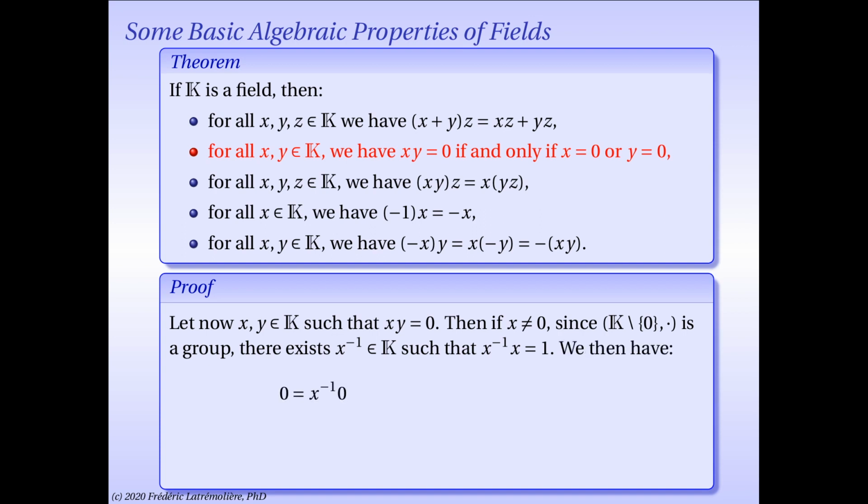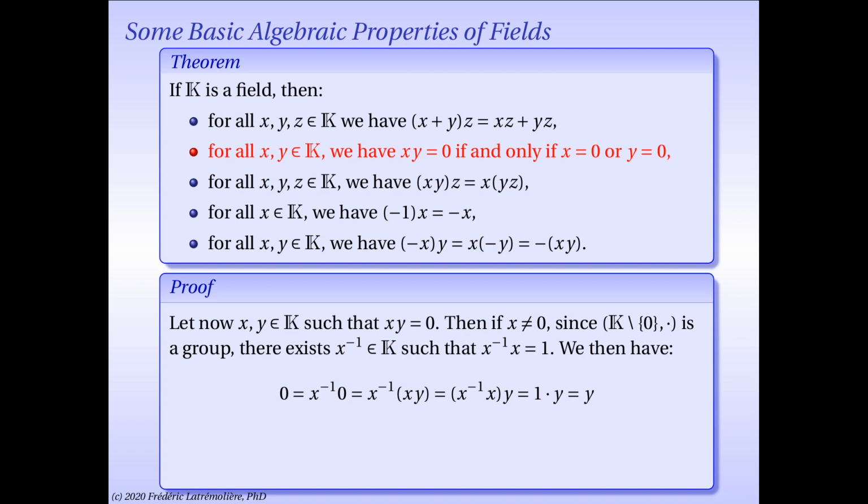Then I'm going to make a little funny calculation again. 0 is equal to x inverse times 0, because 0 times anything is always 0. We proved that. But I can replace 0 by x times y, since by assumption x times y is indeed equal to 0. Then I can use associativity of the multiplication.